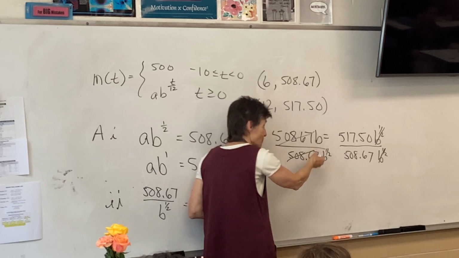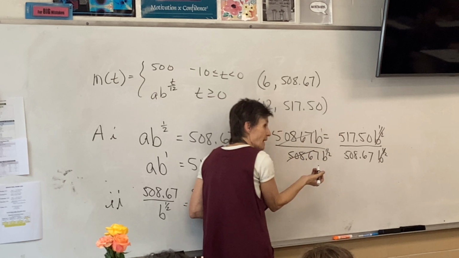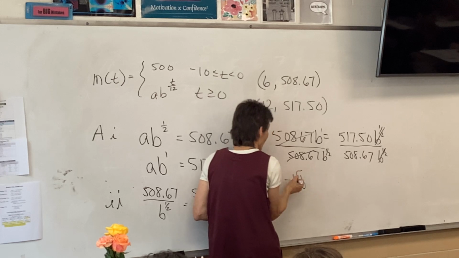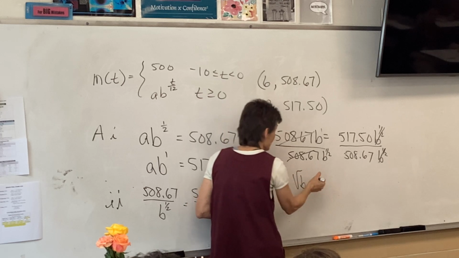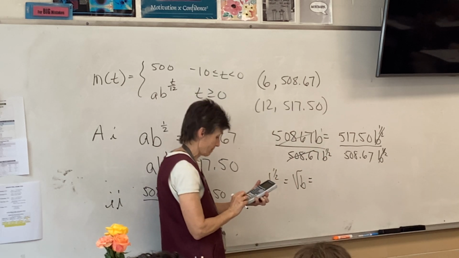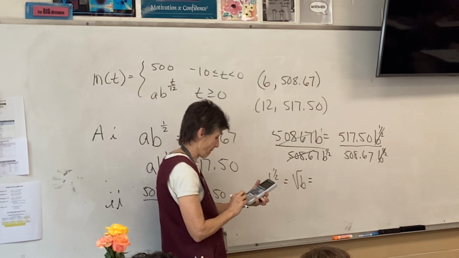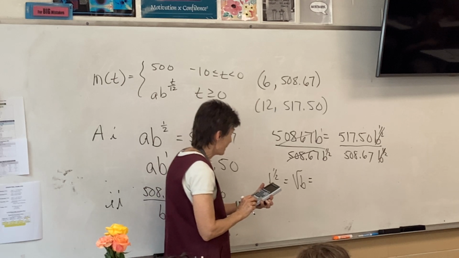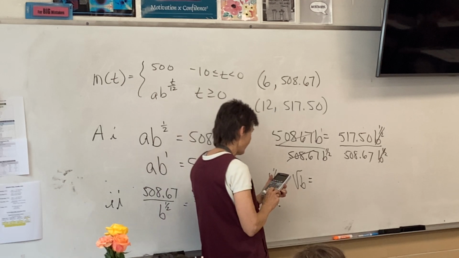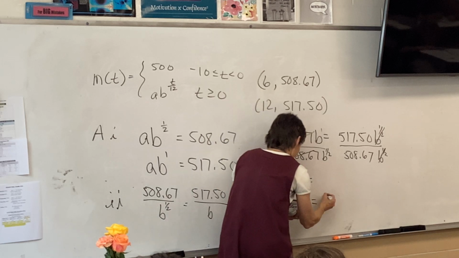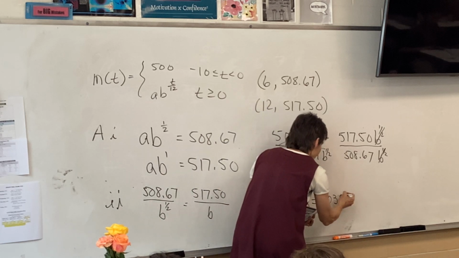We subtract the exponents. So it'd be b to the 1/2 or root b. So root b, or b to the 1/2, equals that, whatever that is. And so I'm gonna square that. And it looks like b is 1.035.